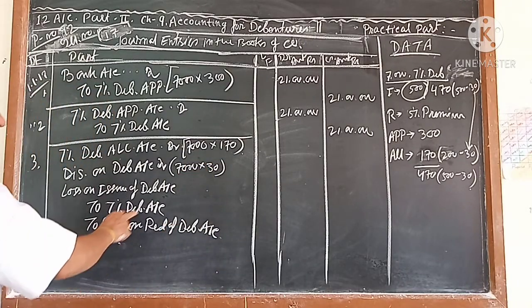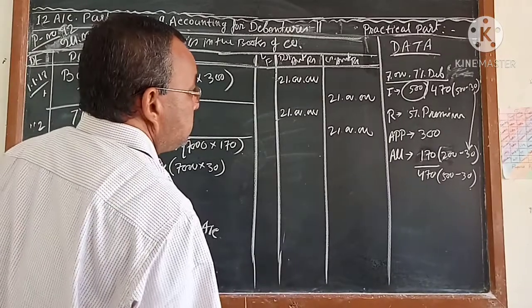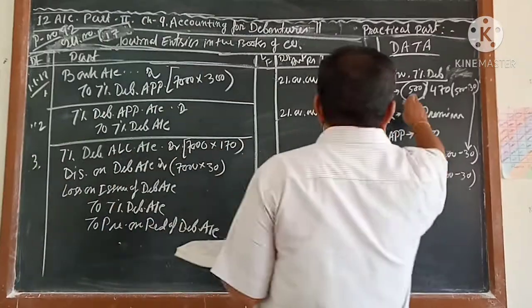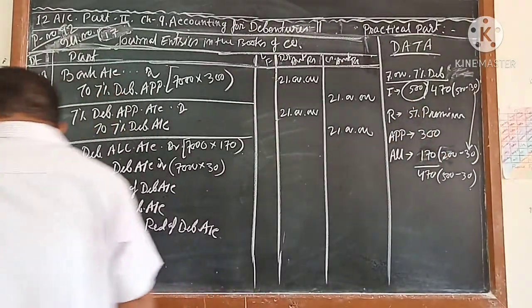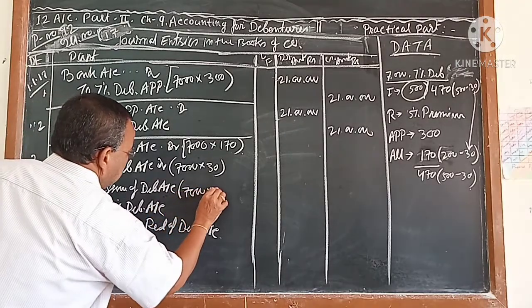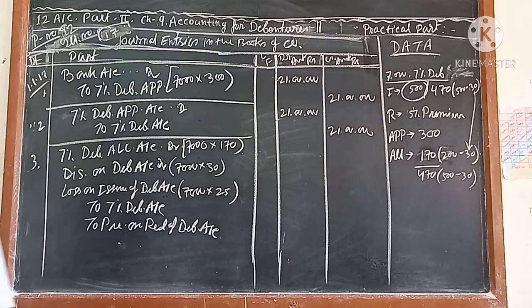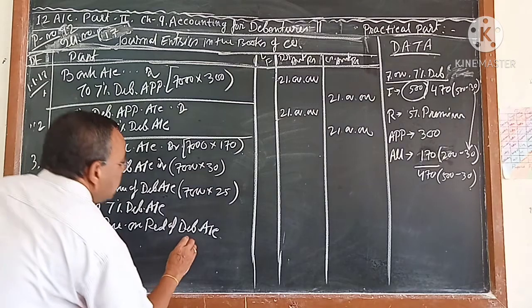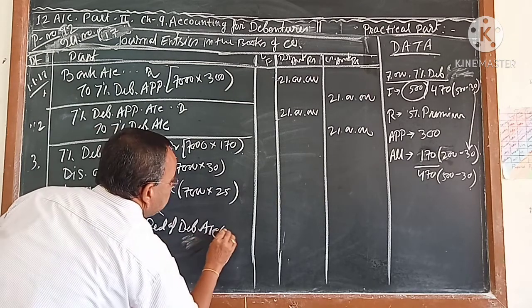Loss on issue of debenture, how much? 5%. 5% of 500 is 25. This is 7,000 into 25. So this also will be 7,000 into 25.